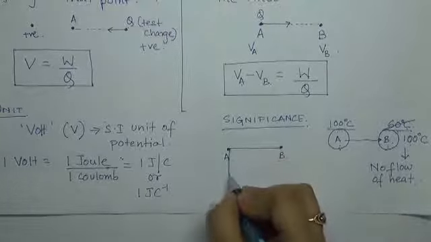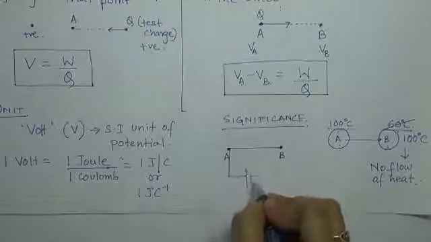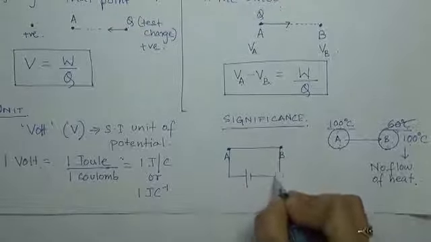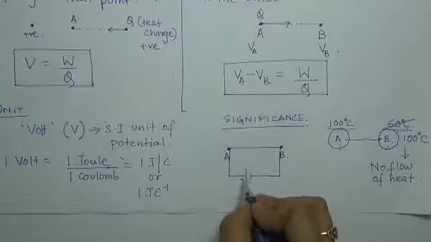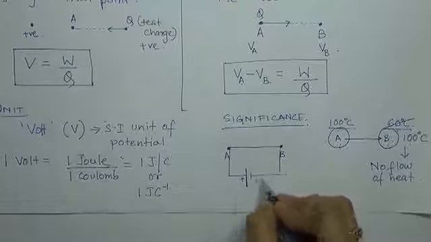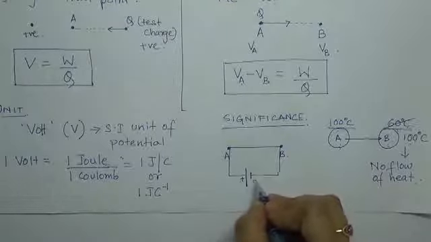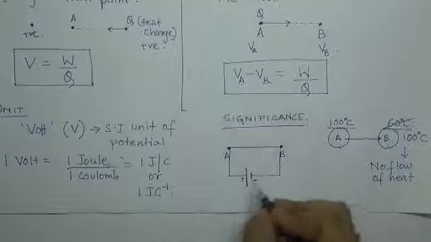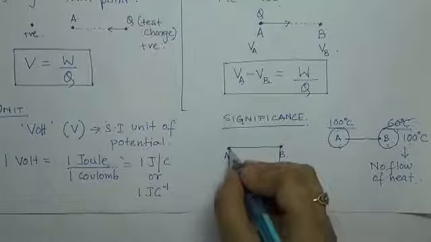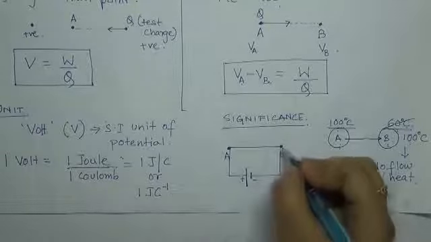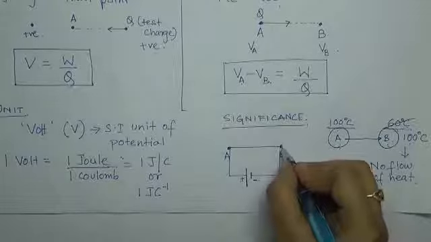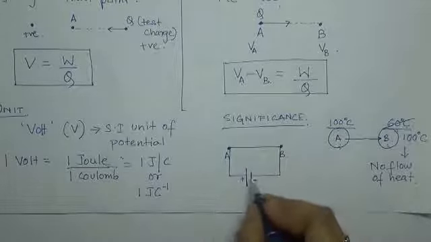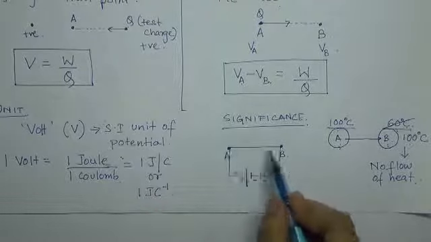Now I'm connecting this wire to a battery. This is the symbol of a battery. The bigger terminal is the positive terminal and the smaller arm is the negative terminal. So I am applying a higher potential at end A and a lower potential at end B. So there now exists a potential difference across ends A and B.